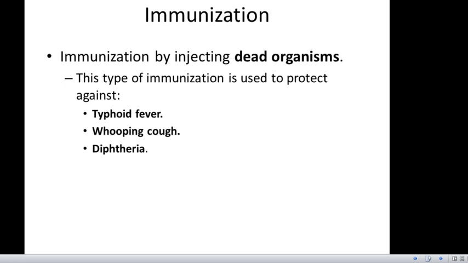A person can be immunized by injecting dead organisms that are no longer capable of causing disease, but that still have some of their chemical antigens. This type of immunization is used to protect against typhoid fever, whooping cough, and diphtheria.